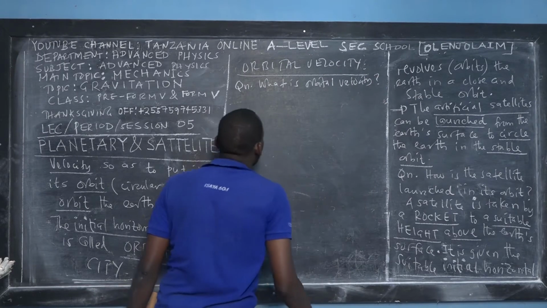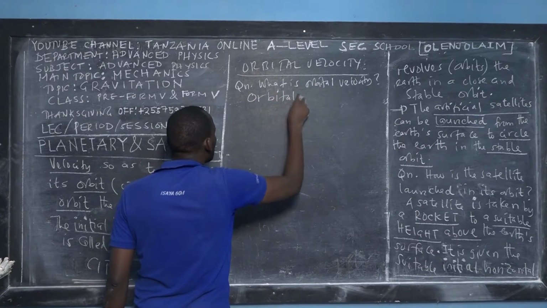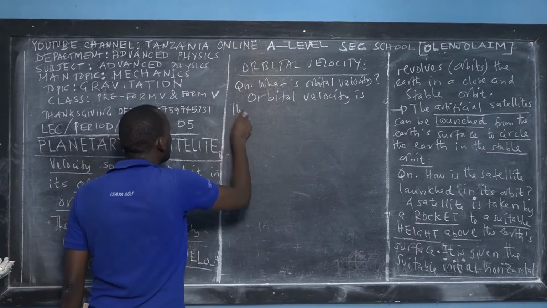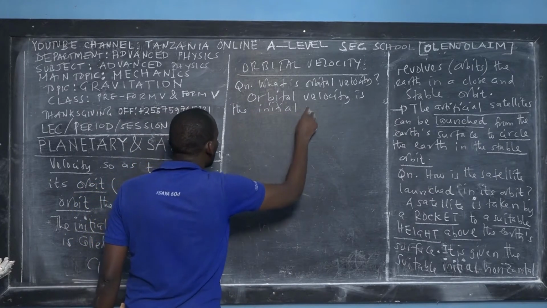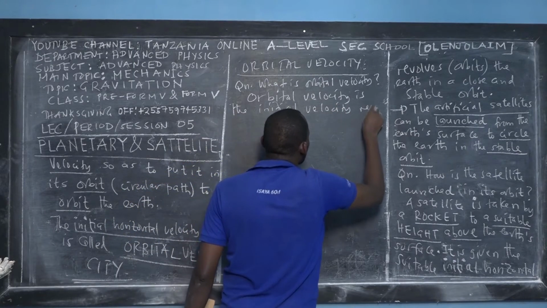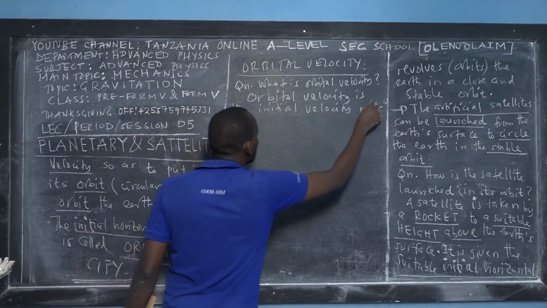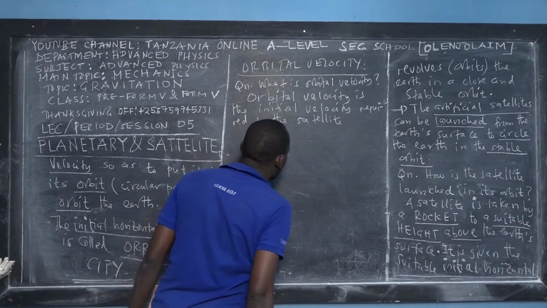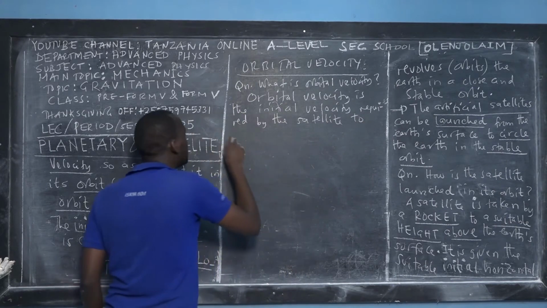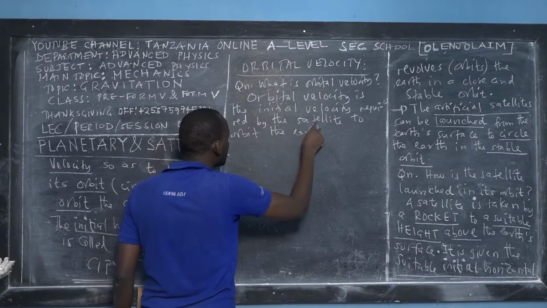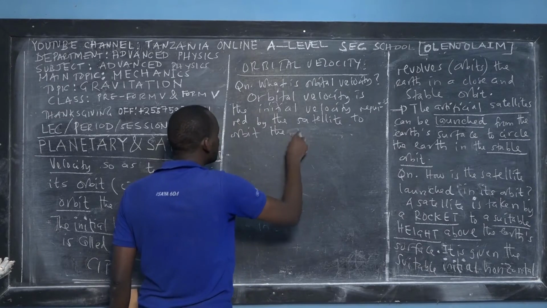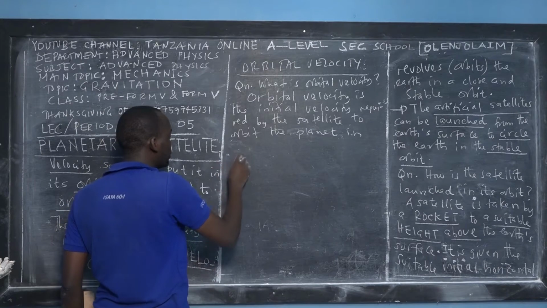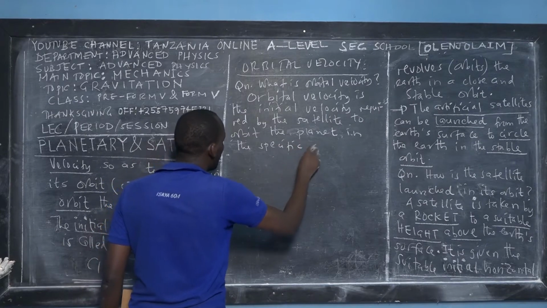So we say that orbital velocity is the initial velocity required by the satellite to orbit the Earth or the planet in a specific orbit.